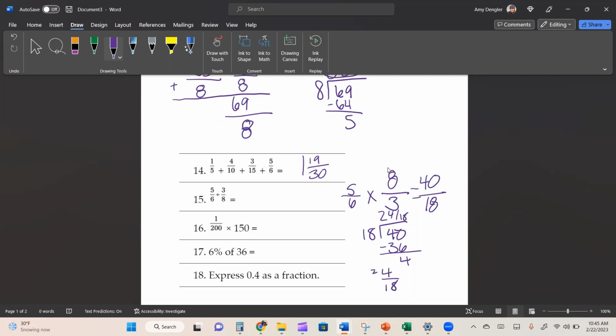So let's go into each of them and see if that brings us down. So 4 divided by 2 is 2, and 18 divided by 2 is 9. So yes, our 4/18 is really 2/9. So we have 2 and 2/9 for number 15.